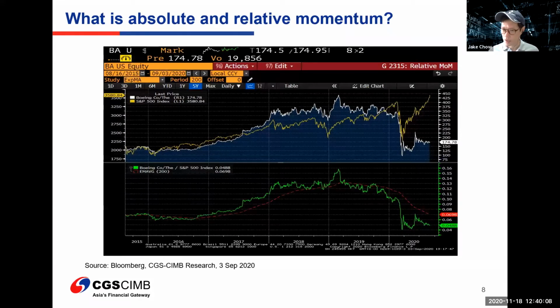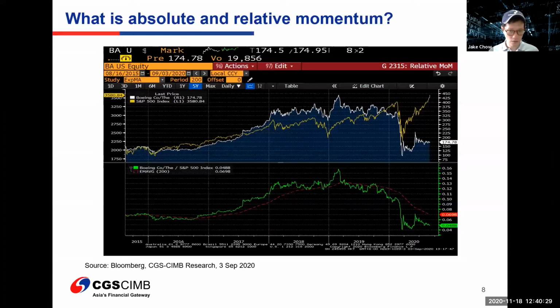A lot of commodity trading advisors in the world, whether in the US or globally, typically use absolute momentum to generate trading signals. What is shown above, on the upper half of the chart, is the absolute momentum of Boeing in white and the S&P 500 in yellow.